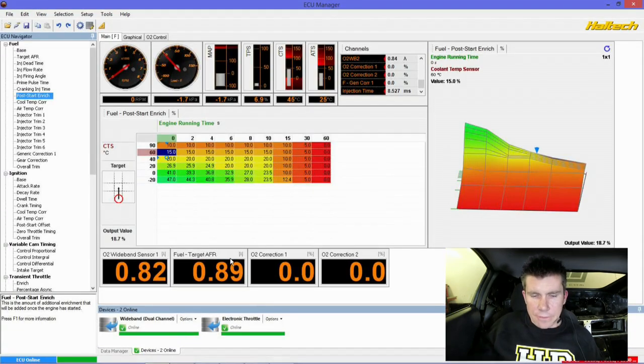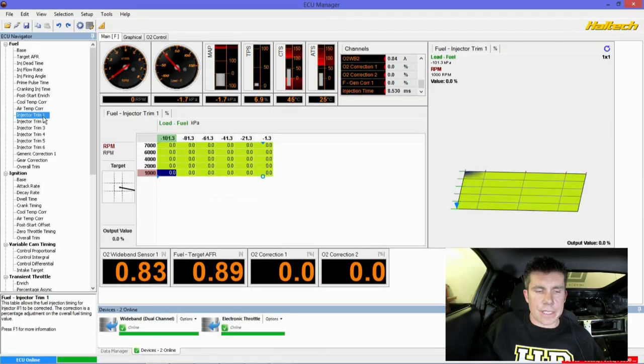Okay, so that covers one of the aspects of using compensation tables, which is to keep your tune accurate across a wide range of operating conditions. I said we can also use the trims to the compensation tables for safety, and we're going to look at that.